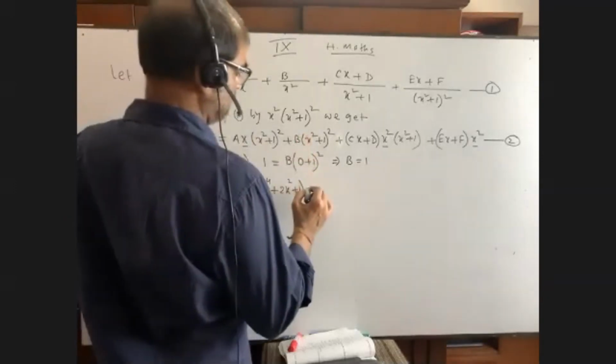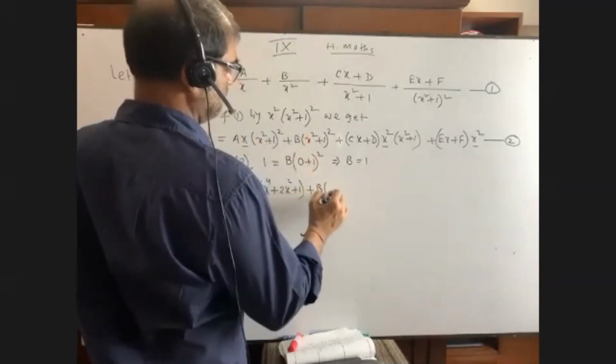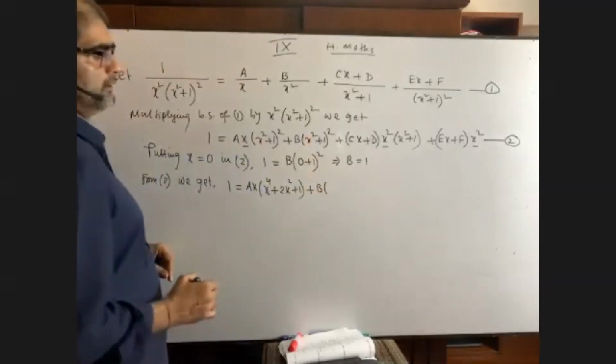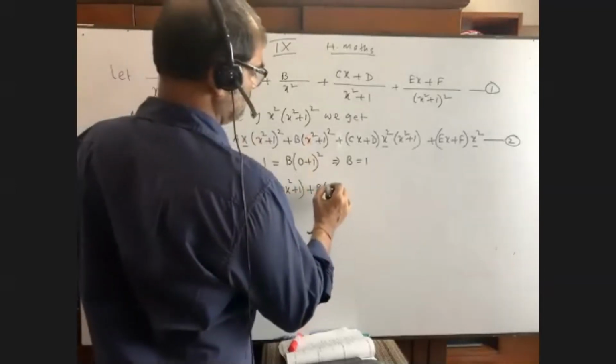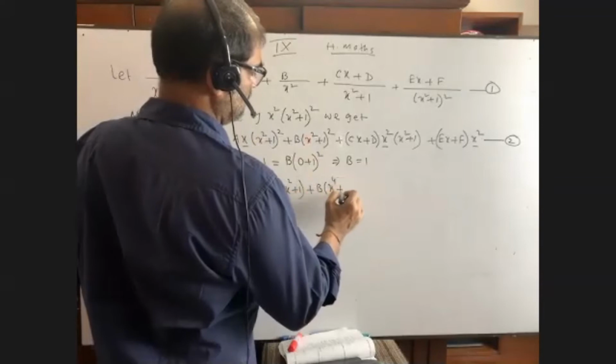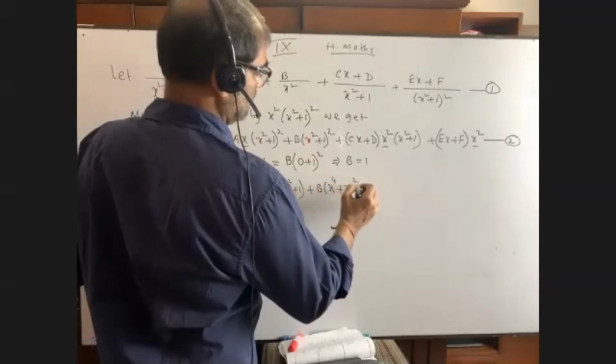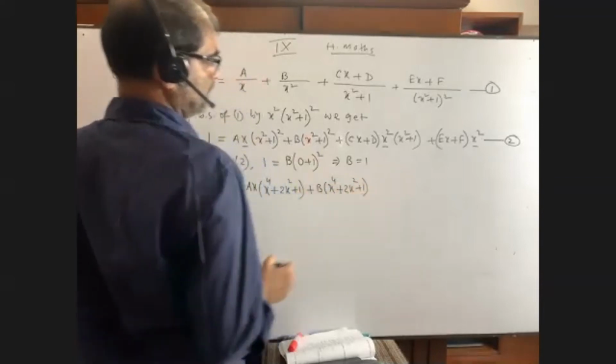Here, same thing, b into x to the power 4 plus 2x square plus 1.